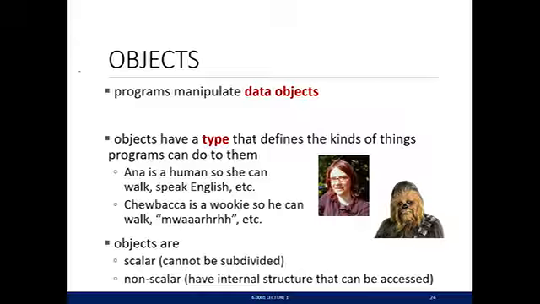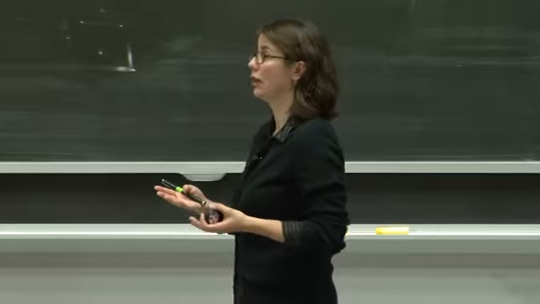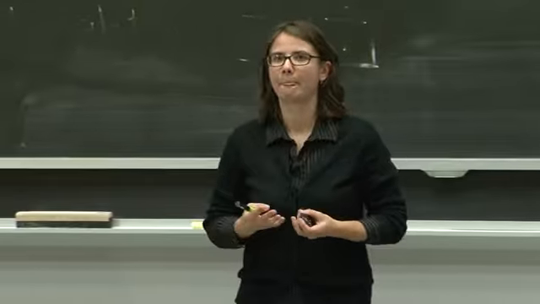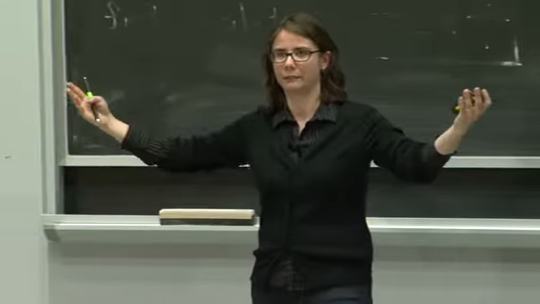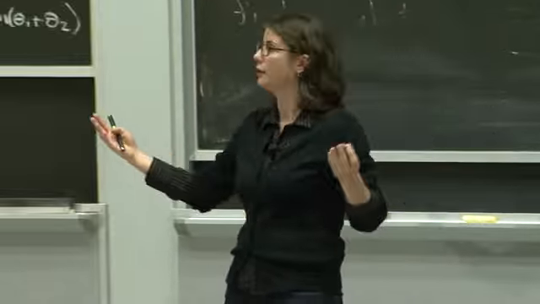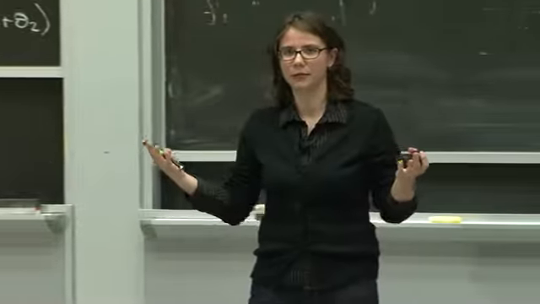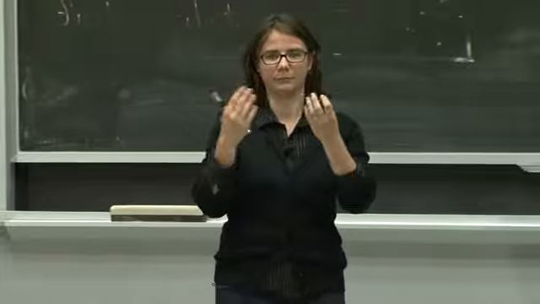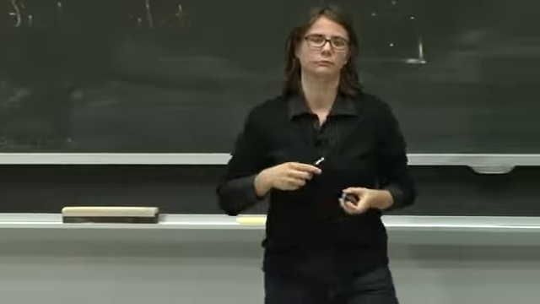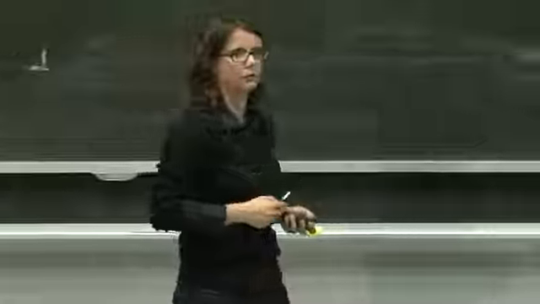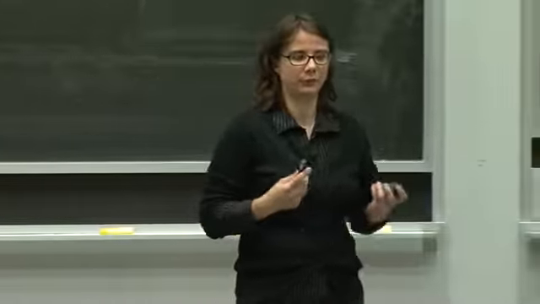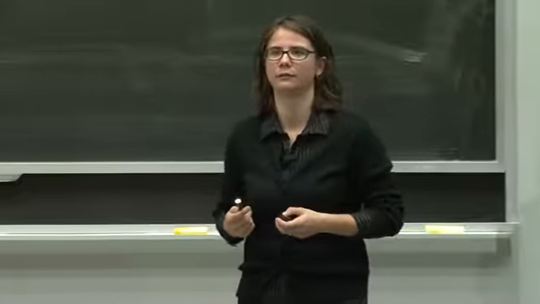So for example, the number 5 is a scalar object because it can't be subdivided. But a list of numbers, for example, 5, 6, 7, 8, is going to be a non-scalar object because you can subdivide it. You can find parts to it. It's made up of a sequence of numbers, right?